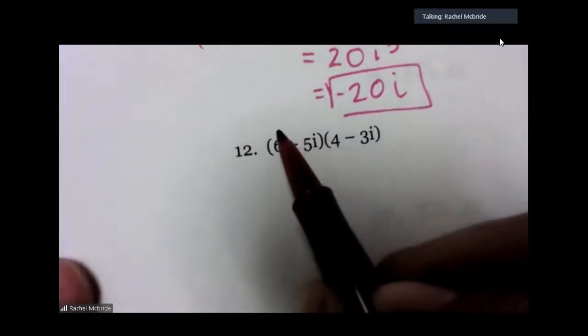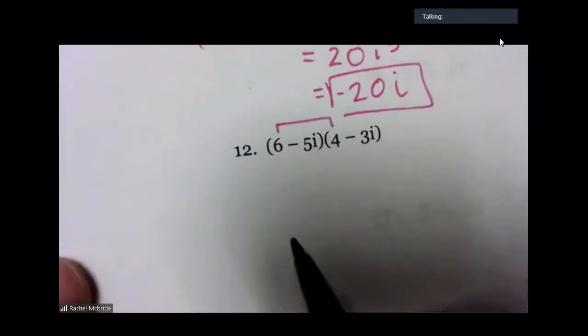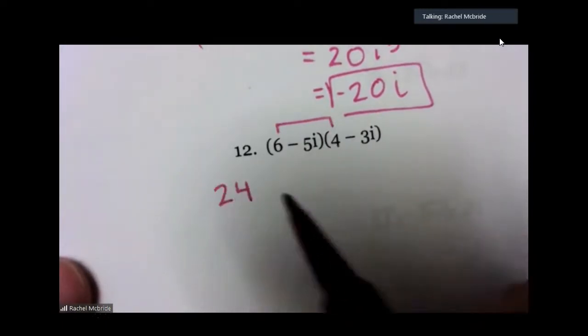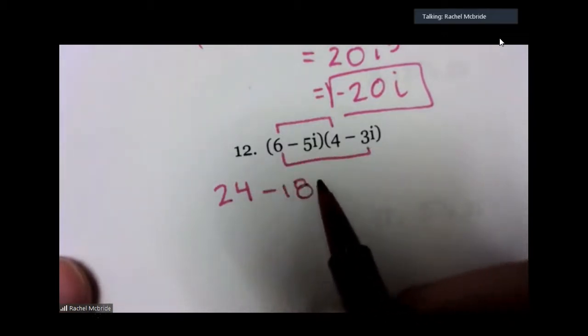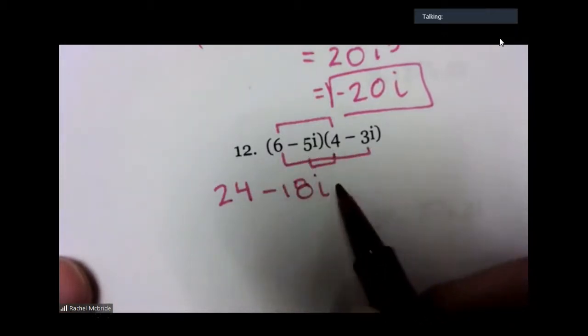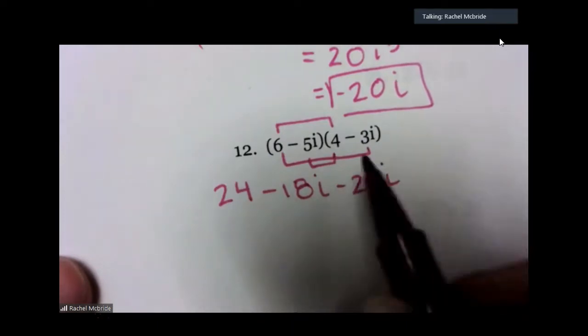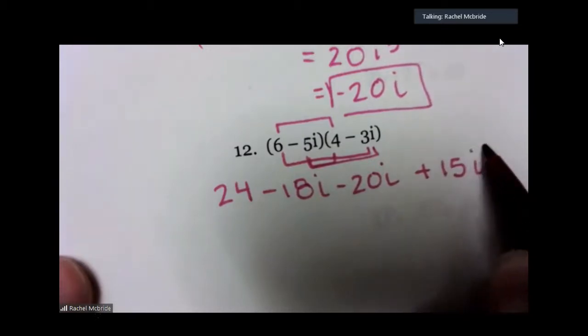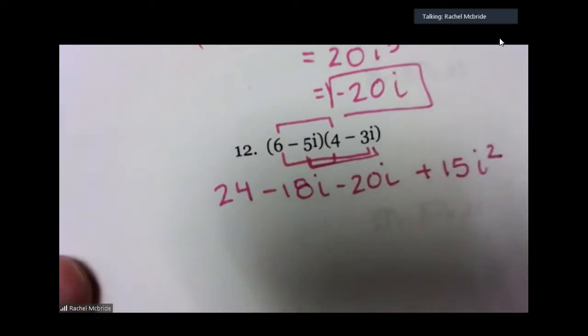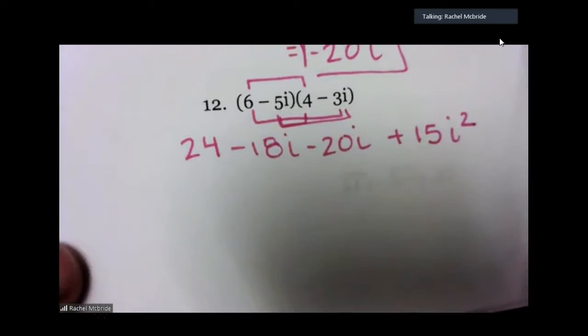Okay, and 12, 6 times 4, 6 times negative 3, negative 5 times 4, and a negative 5 times a negative 3 is a positive 15i squared.